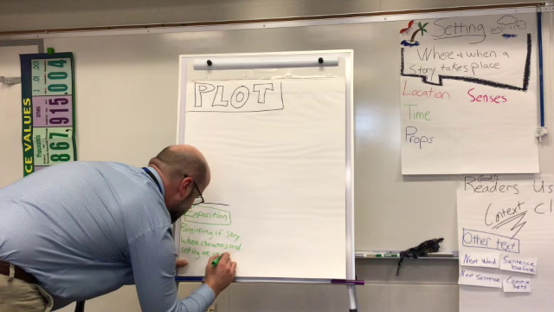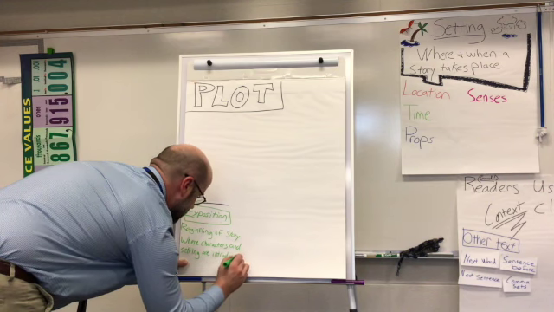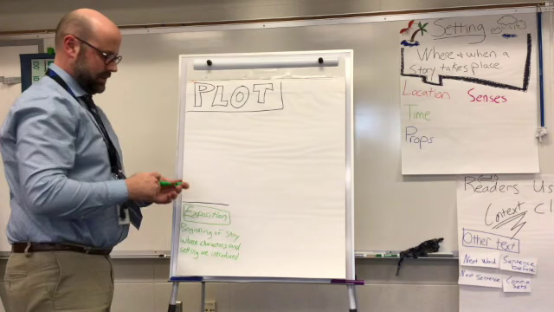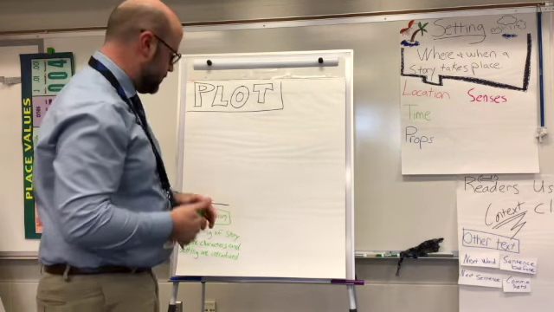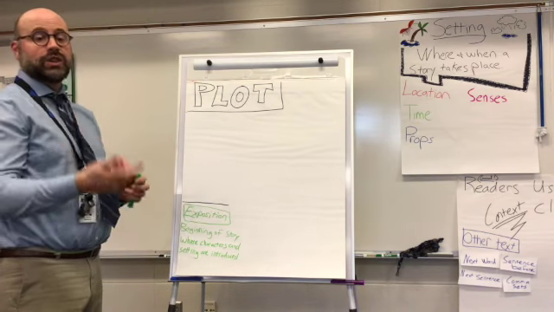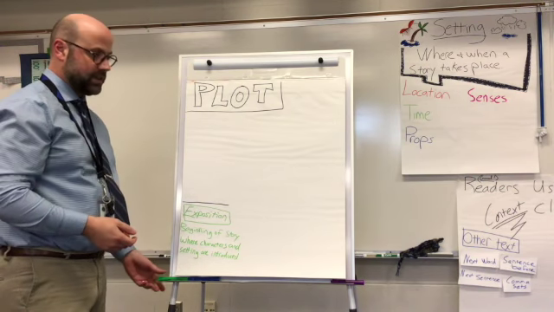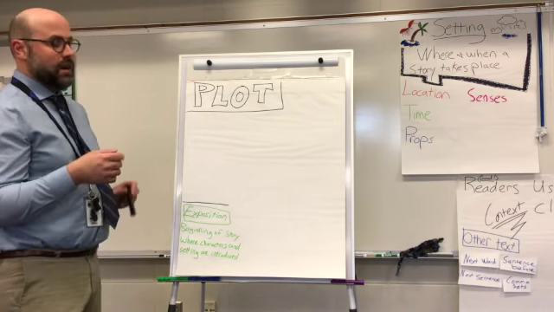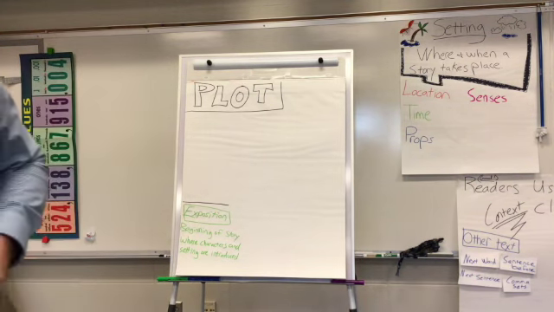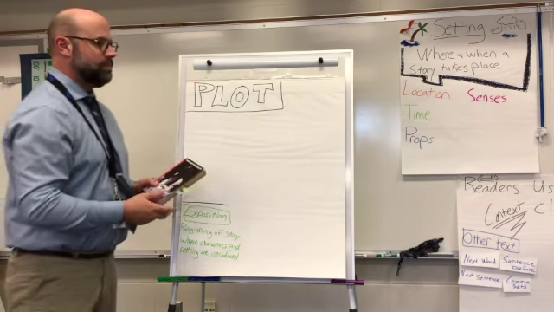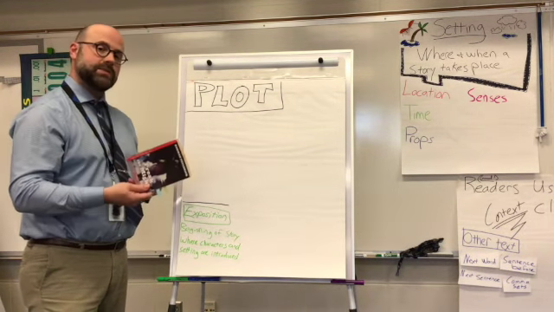So we start reading a book, and it begins telling us where the story is taking place. We begin learning who some of these characters are. For instance, in Freak the Mighty, we begin by learning about Maxwell.